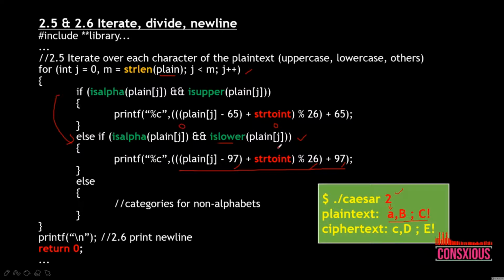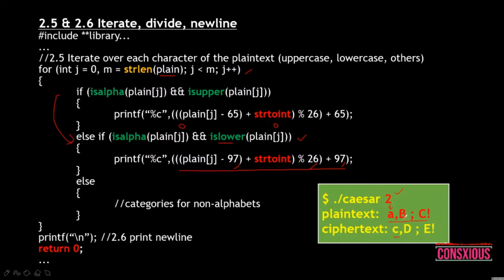So we put the 2 here. So plain j is actually plain 0, which is a. So we have to find the decimal for a. When it plugs into this formula, we'll get the numbers here. So for example, it will become c. So does it make sense?